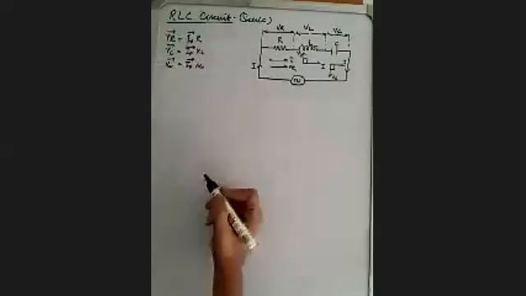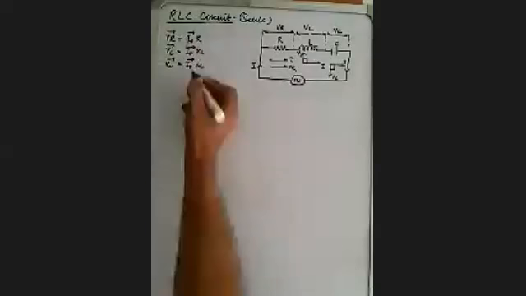So we can show this with the help of a phasor diagram. Suppose this is OX, X'X along the X axis, and Y'Y. Now let us suppose the current I naught is along the OX direction.